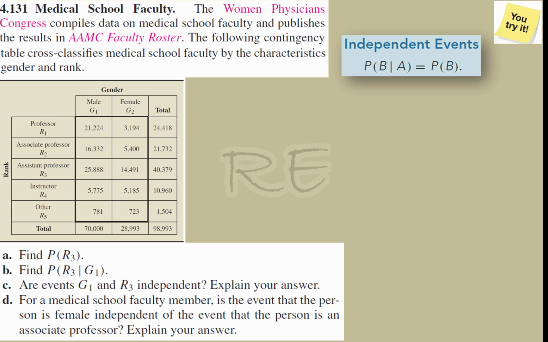R3 represents the role for assistant professor. We need to find the probability of R3, which would be the sum of the row, 40,379, divided by the total number of faculty, 98,993.